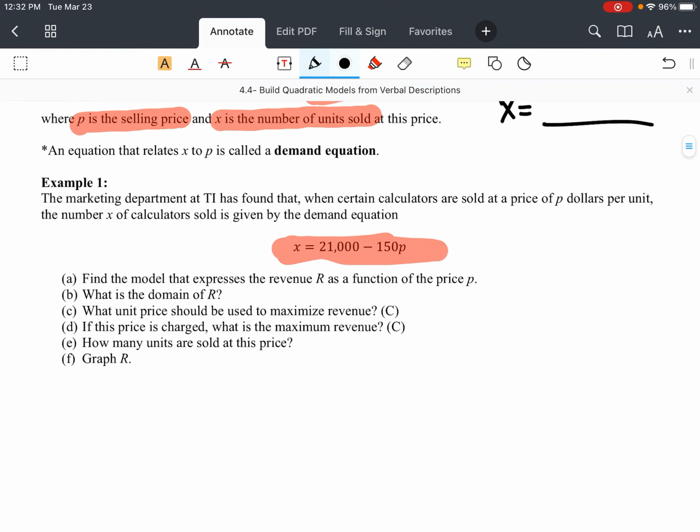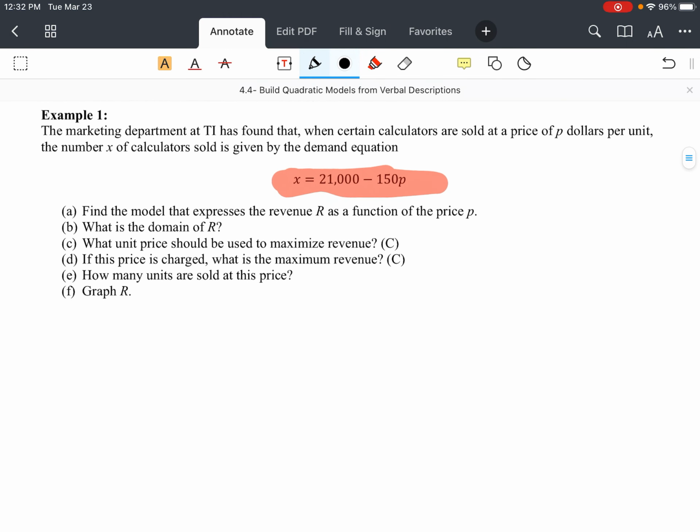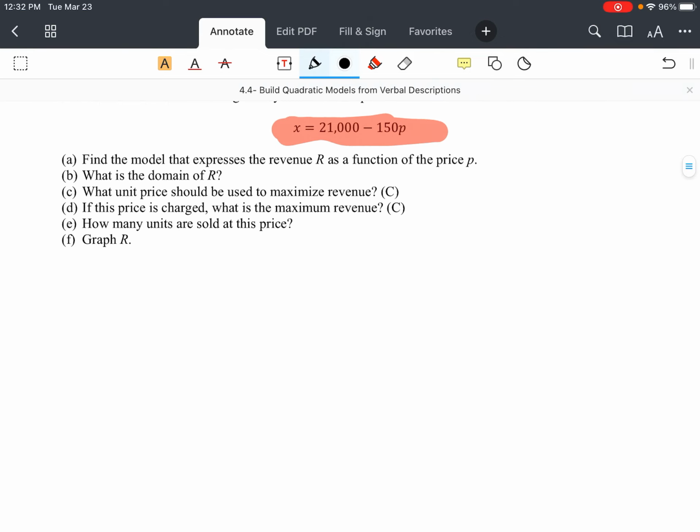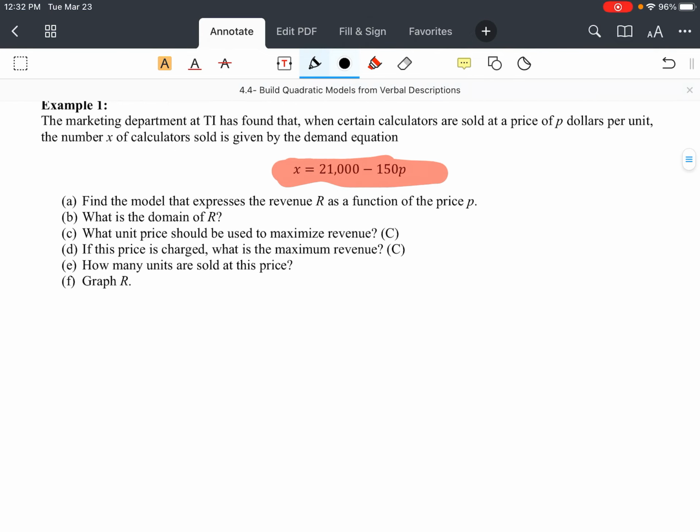Remember, demand equation just relates X to P. We want to find a model that expresses the revenue R as a function of the price P. So that's part A. Then we're going to figure out what the domain is of R. Then we're going to figure out what unit price should be used to maximize the revenue, then what the maximized revenue is, and then how many units are sold at the price, and then we're going to graph the function.